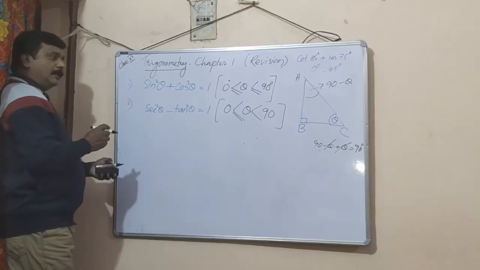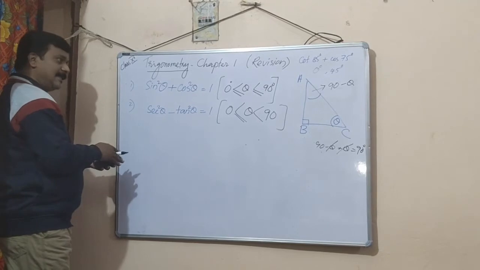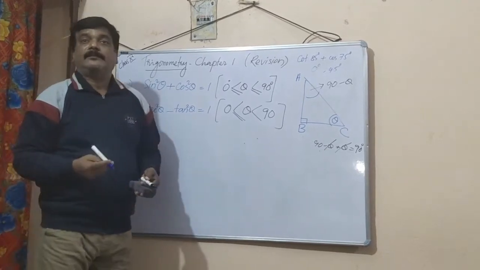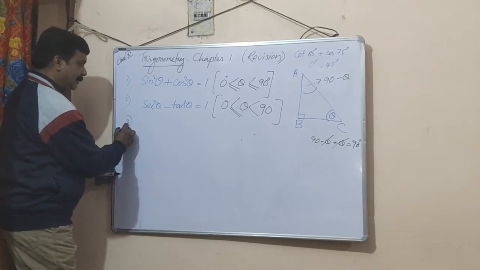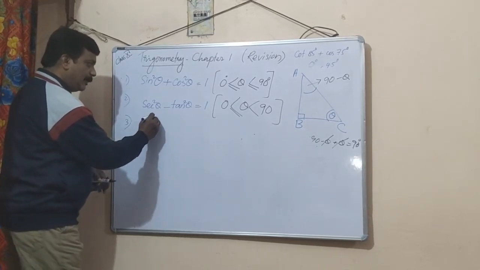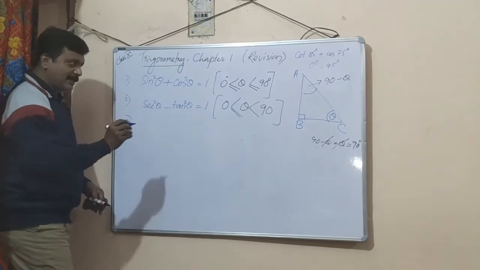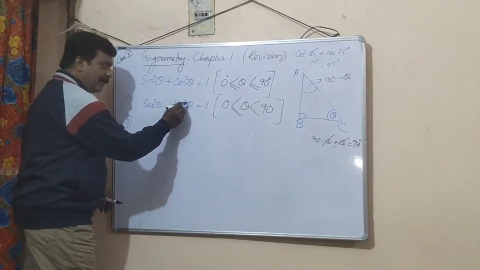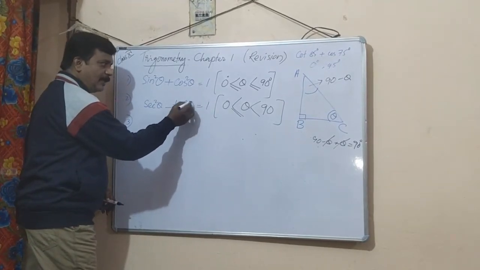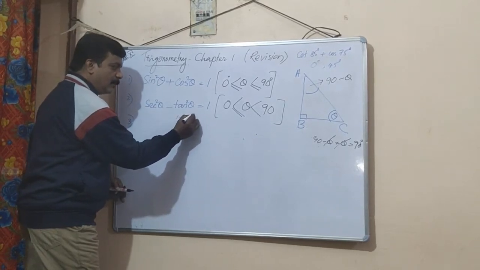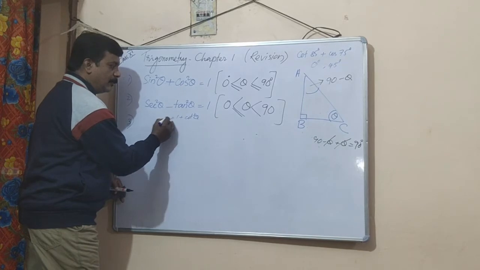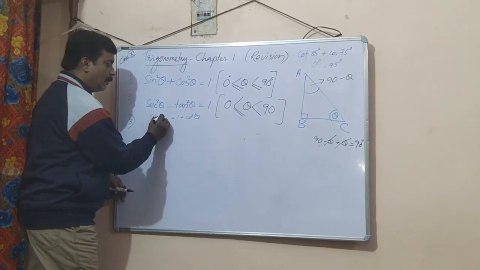Well, now let us see the third identity. Third identity is this. Of course, you can remember like this. Already I have written here 1 plus tan squared theta equals sec squared theta. Like that, 1 plus cot squared theta should be cosec squared theta.